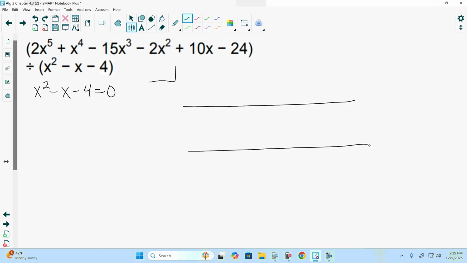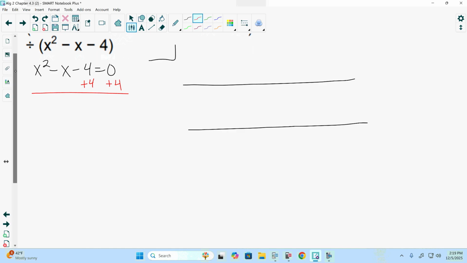One thing, we're going to have 2 lines instead of 1. And also the x squared, what we're dividing by, we're not going to get just x by itself. We actually get x squared by itself. We have to get the variable with the biggest power by itself. So to do that, the first thing we're going to do is add 4, giving us x squared minus x is equal to 4.